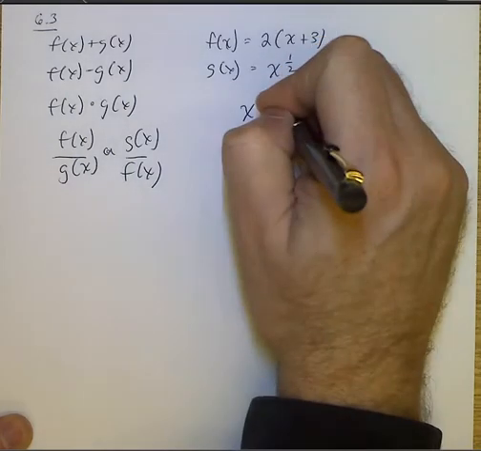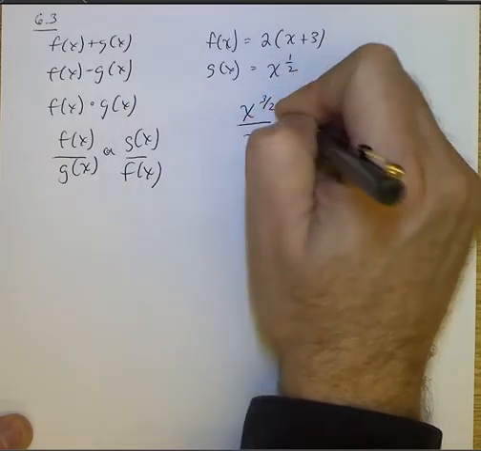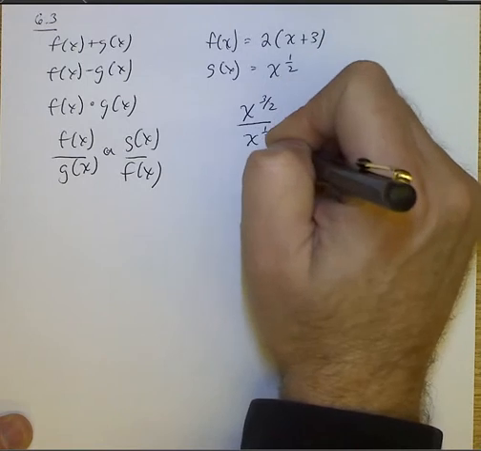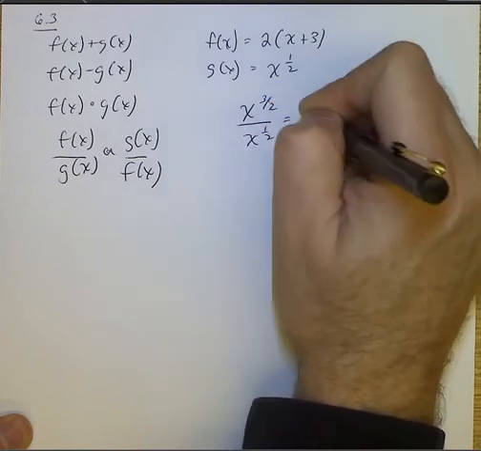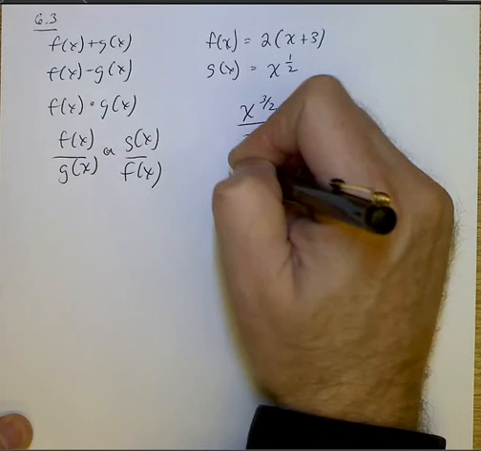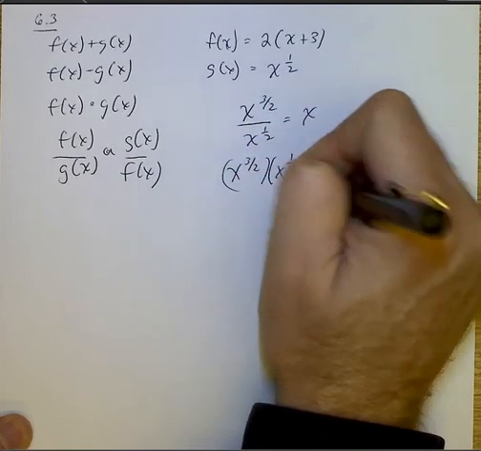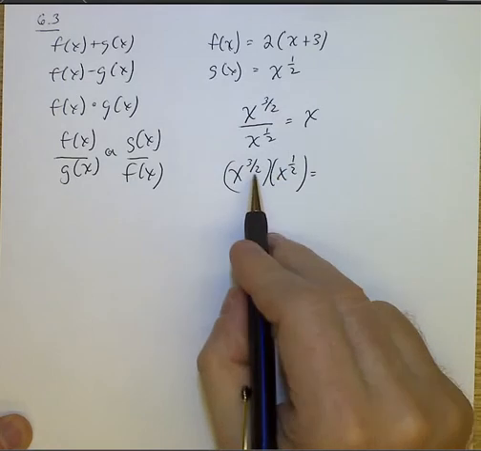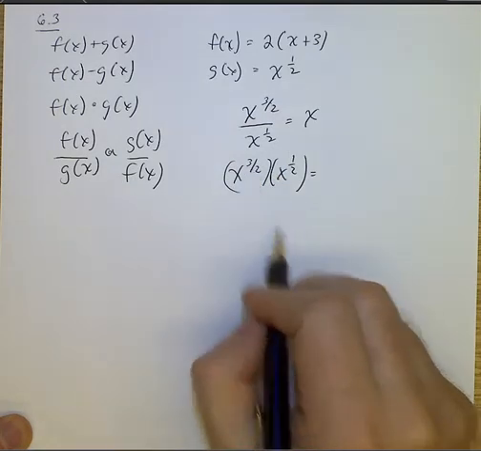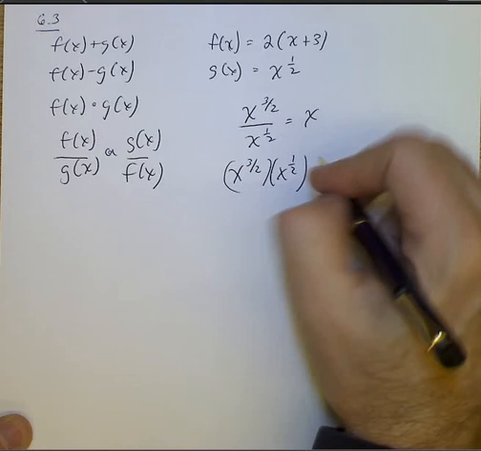You know, something like this can be simplified by subtracting exponents. 3/2 minus a half is 1, so that's x. Or, if you're multiplying, make sure you know that you can multiply by adding exponents. 3/2 plus 1/2 is 2.